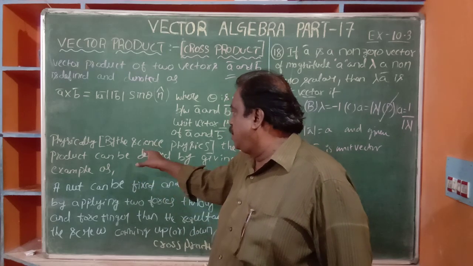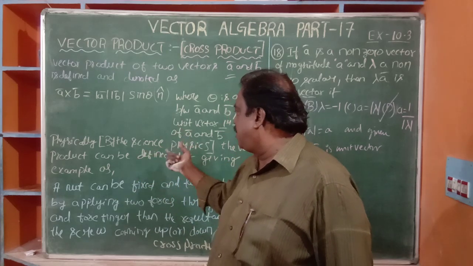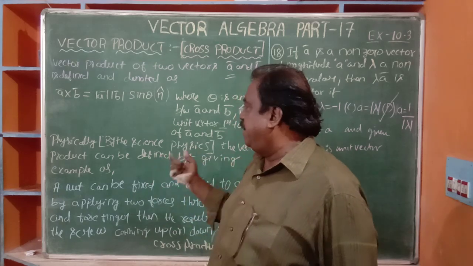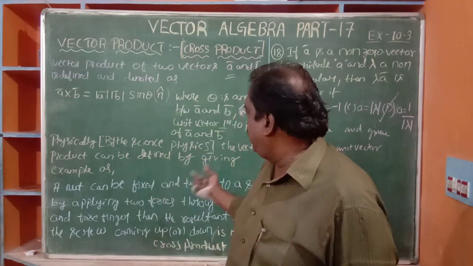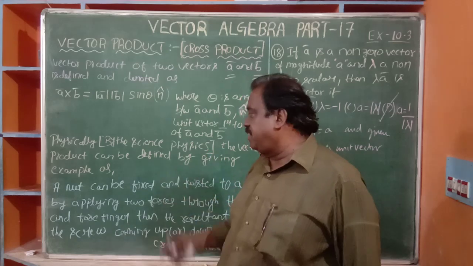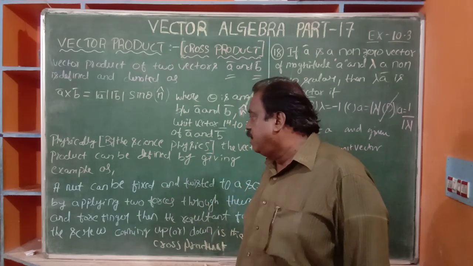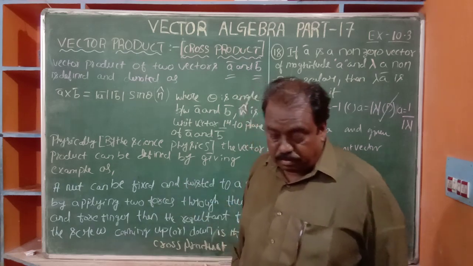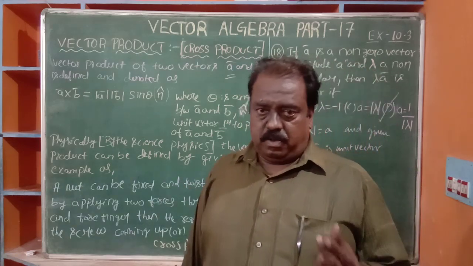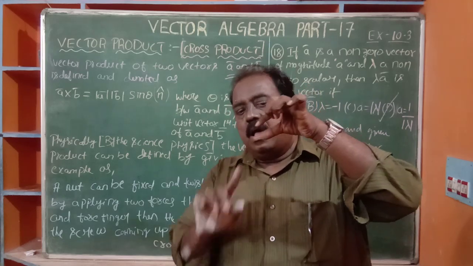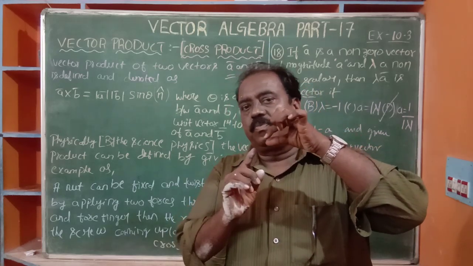Physically, that means by using physics scientifically, we can say the vector product can be defined by giving one example. I can tell clearly, and then you read it well. Suppose a nut is there, and a screw is there.